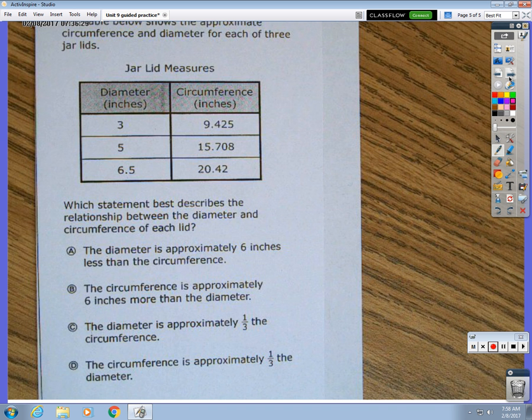Okay, problem number 5. The table below shows the approximate circumference and diameter for each of 3 jar lids. We have a column with the jar lid measures giving our diameter.